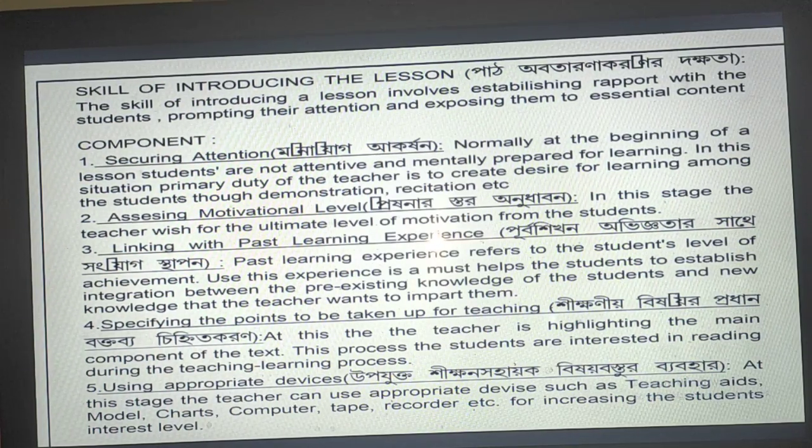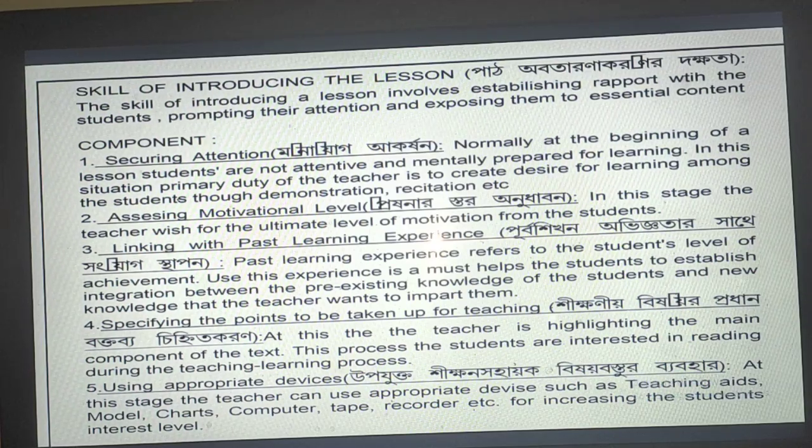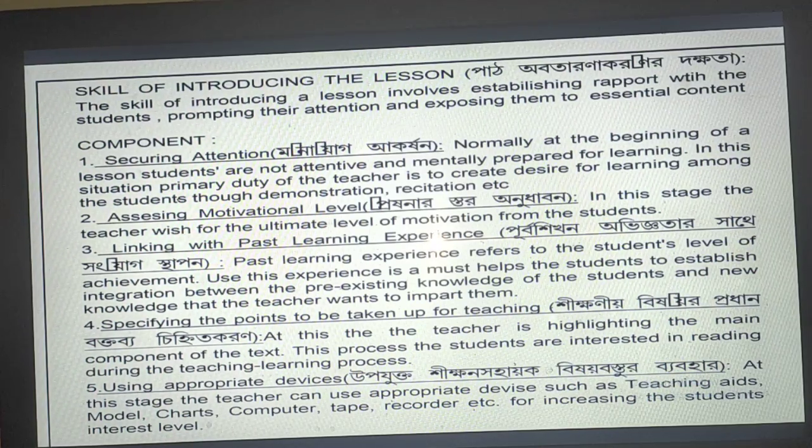Here the teacher asks some questions. Through these questions, the teacher can motivate the students.